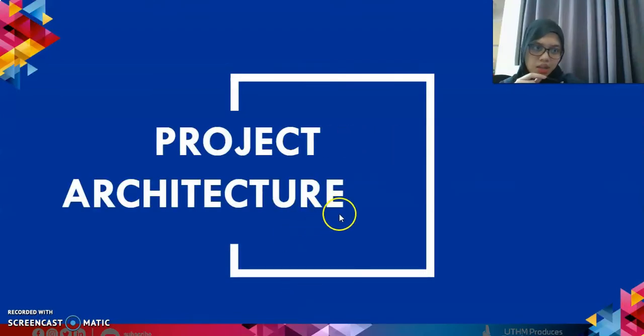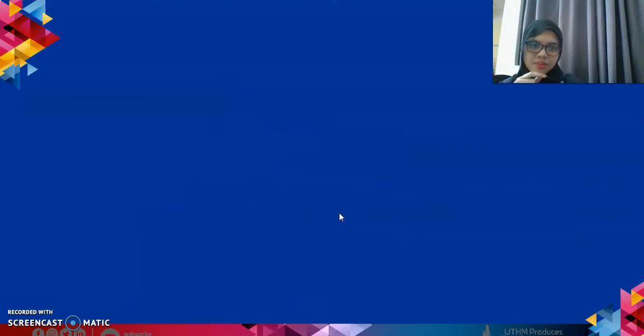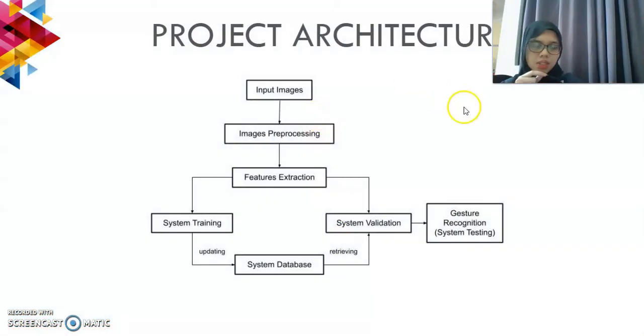Next is the project architecture. Firstly, we have the input image being put inside the system, and then the image pre-processing step, which will be explained later on. After we have the pre-processed image, feature extraction will be done by the system. At feature extraction, there are essentially two phases, which are system training and system validation.